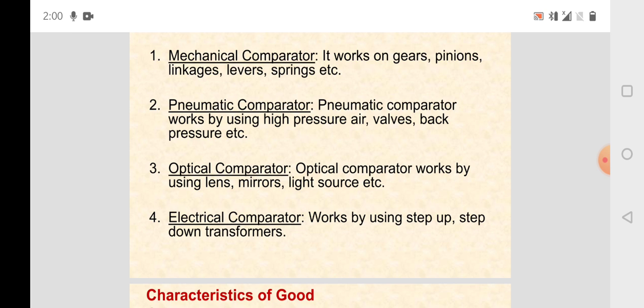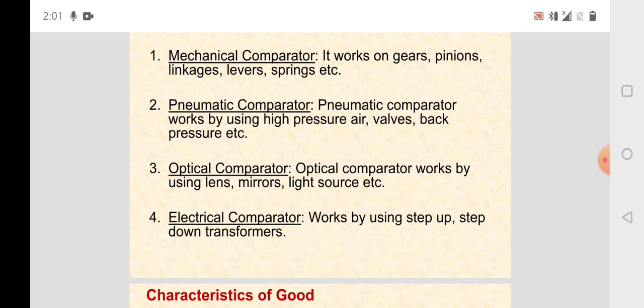So first we'll see the mechanical comparators and their advantages. These are usually cheaper, or we can say economical to use in comparison to the other devices. These do not require any external supply of energy such as electricity or air pressure.